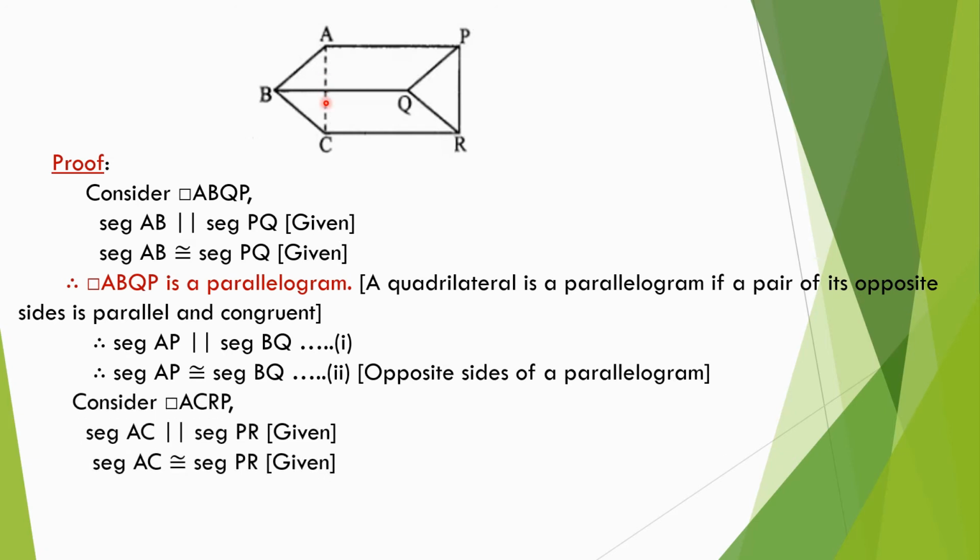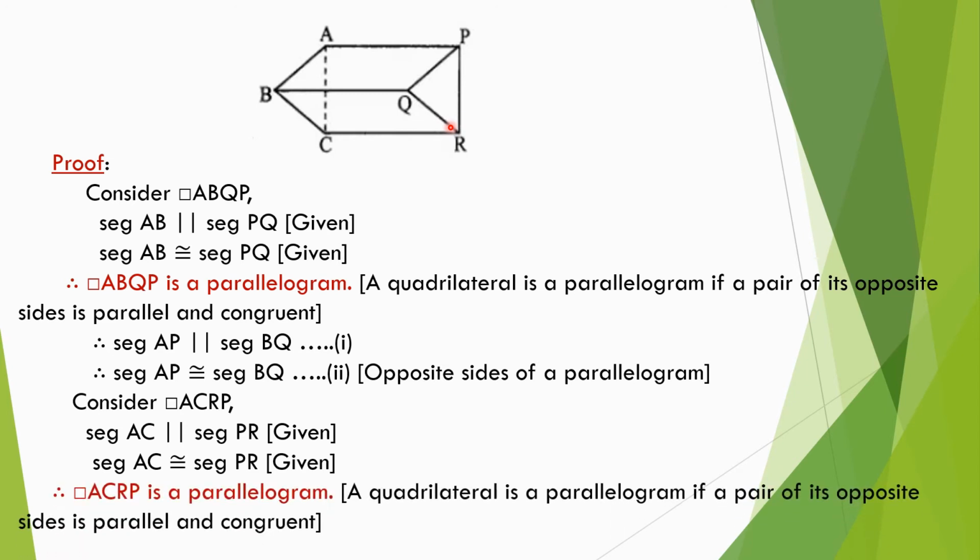Here segment AC is parallel to segment PR and segment AC is congruent to segment PR. Therefore, by the same reason, a quadrilateral is a parallelogram if a pair of its opposite sides is parallel and congruent. Therefore, quadrilateral ACRP is a parallelogram.